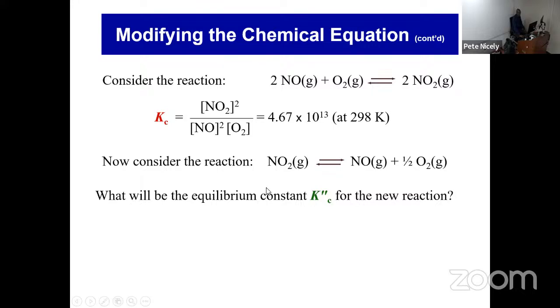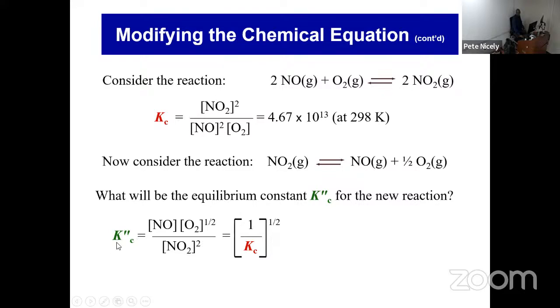So basically, based on this equation here, Kc double prime is going to be equal to the concentration of NO times the concentration of O2 raised to the half power divided by the concentration of NO2. If you compare this expression to this expression, you'll see that this expression will be equal to 1 over all of this here.